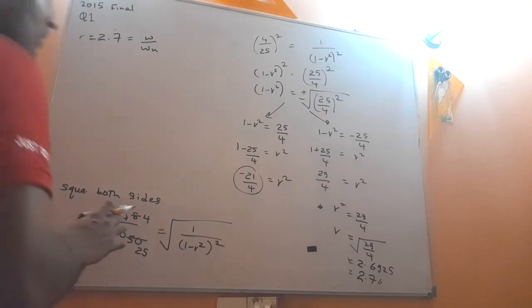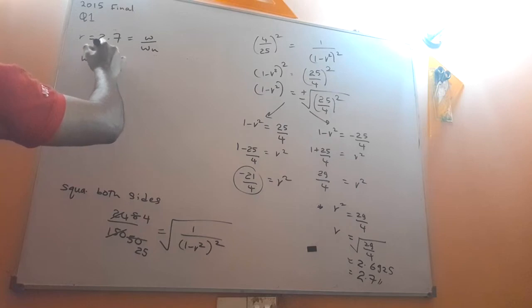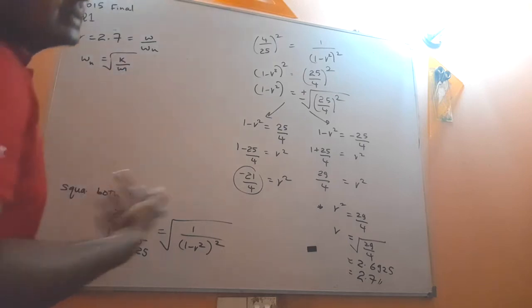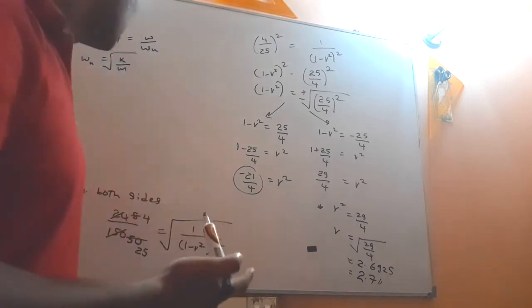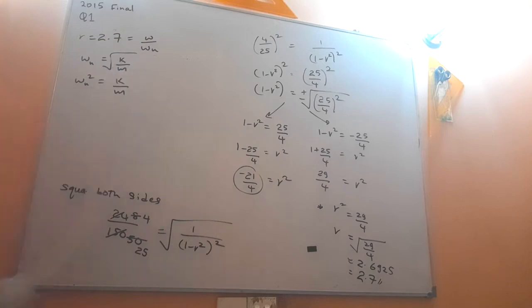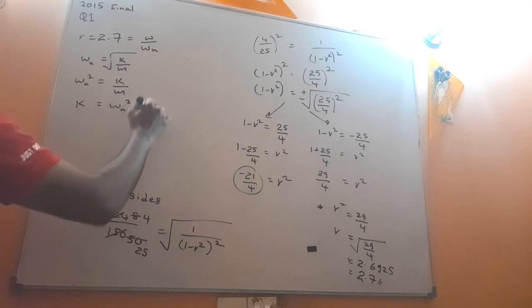And also you know that omega n equals root k by m, where m is the mass of the system. So then omega n squared equals k divided by m. So then what is k? k equals omega n squared times m.